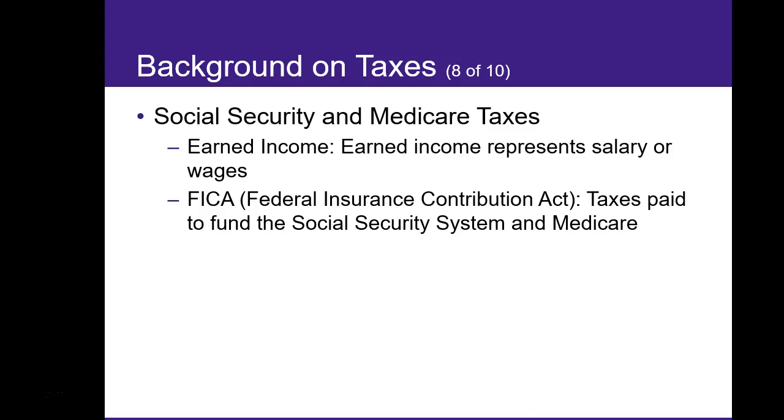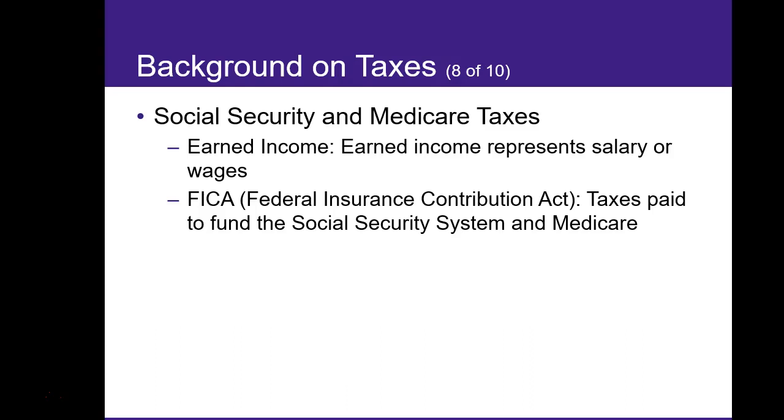These deductions come out of what's known as our earned income, the income you earn from your salary, if you're paid a set amount per pay period, or from your wages, which means you are paid an hourly rate of pay. There was an act passed way back in the 1930s called the Federal Insurance Contribution Act.